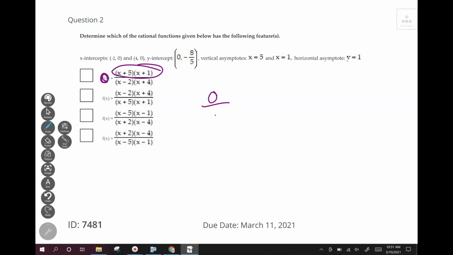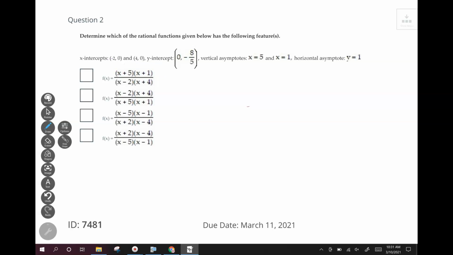Because 0 divided by any number, doesn't matter what it is, equals 0. So for x-intercepts, you're always just looking at where does the numerator equal 0? What makes the numerator equal 0? So right here, this would be x equals -5 and x equals -1. Those would be your x-intercepts.